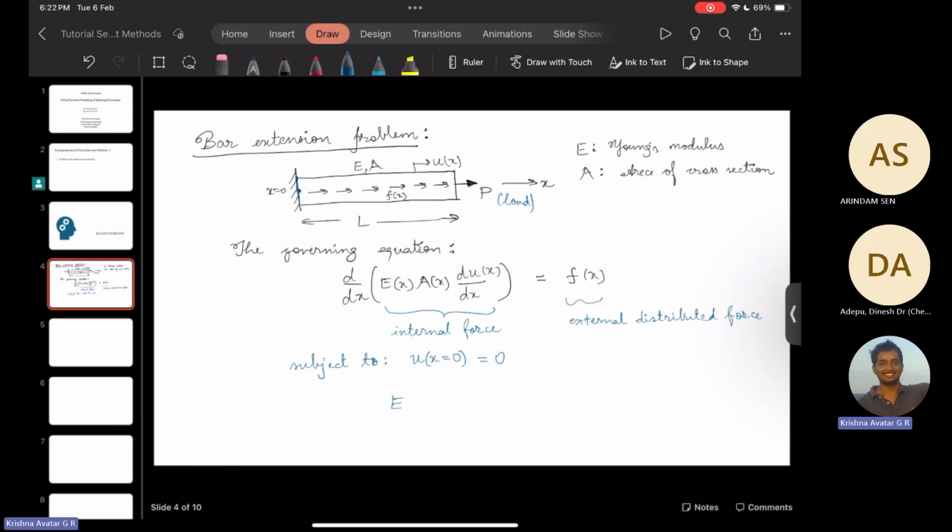The second boundary condition is EA du by dx at x equals L is P. This is where our concentrated load, or terminal load, goes.